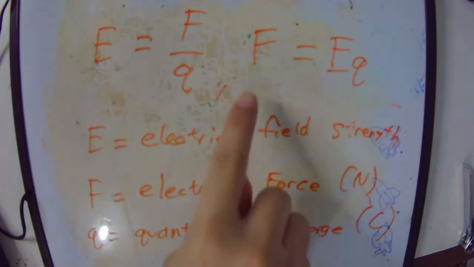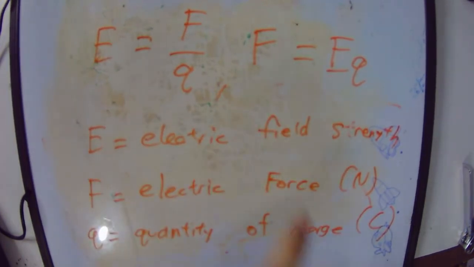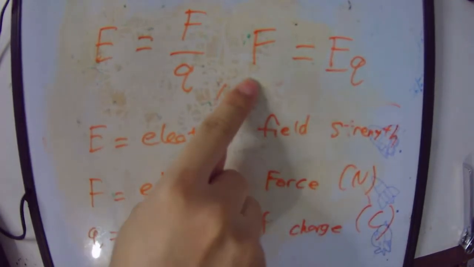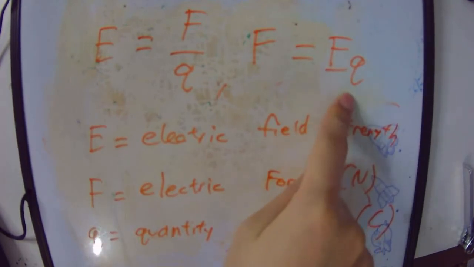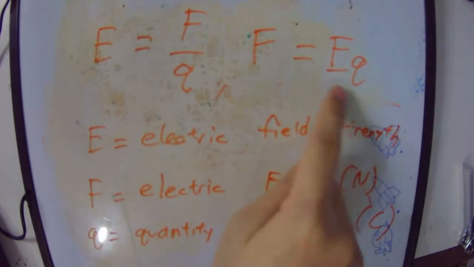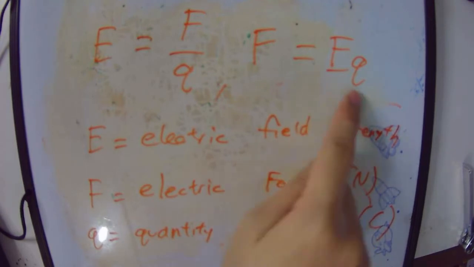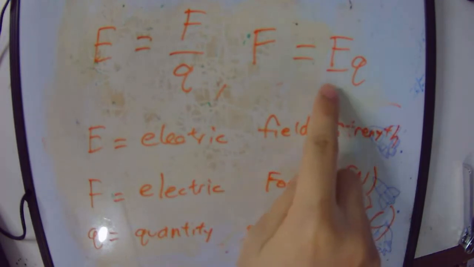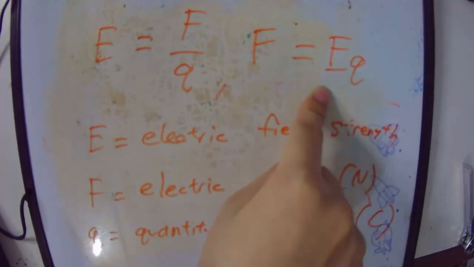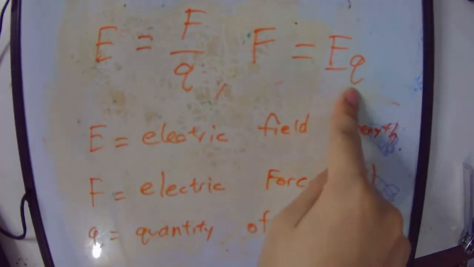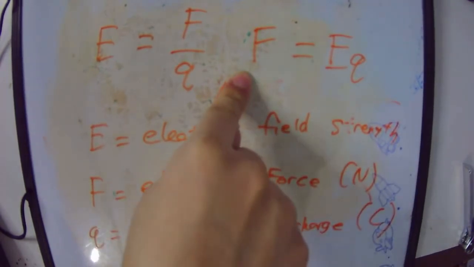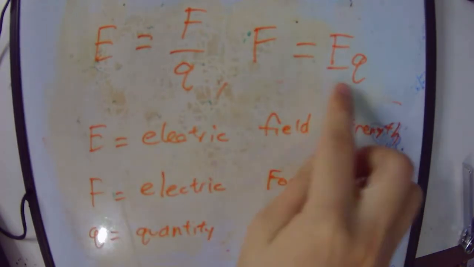Now, if we write the formula like this, F equals electric force, force equals the electric field times the coulomb, then we can think, how do these two things affect the amount of force? We can tell that if you increase either E or Q, either of these things will cause the total force to increase if the other remains the same.